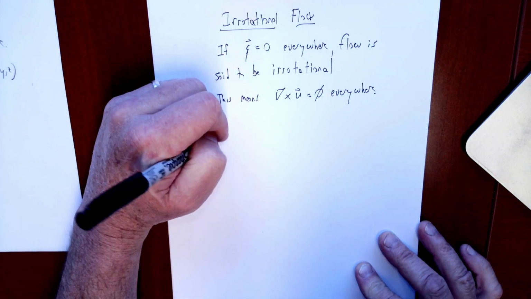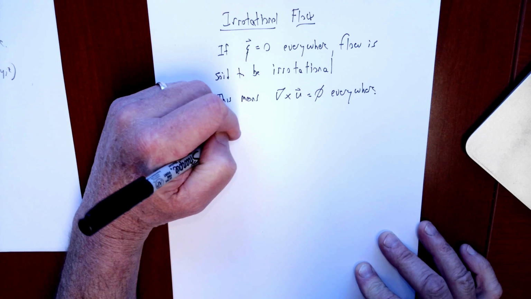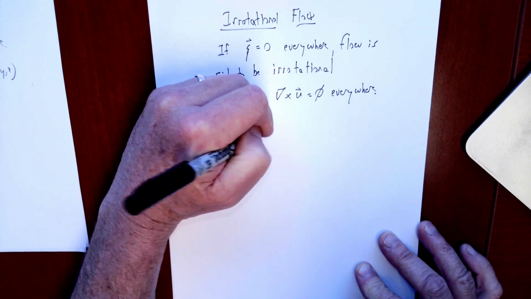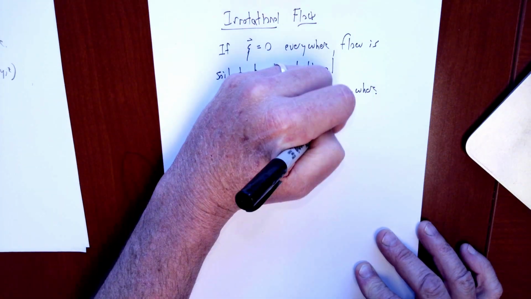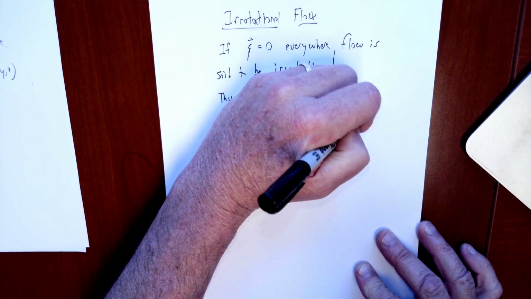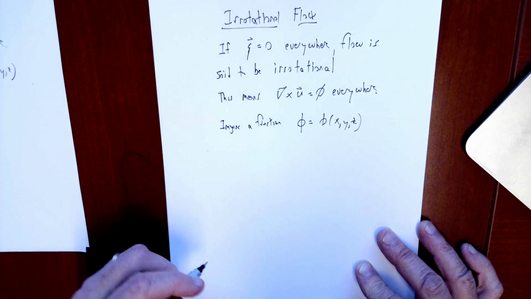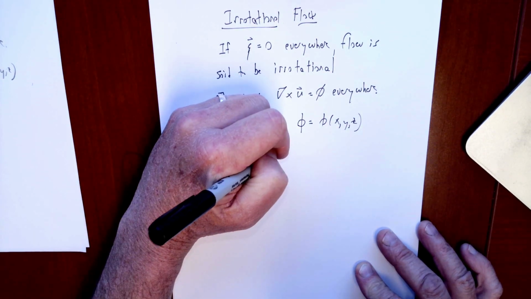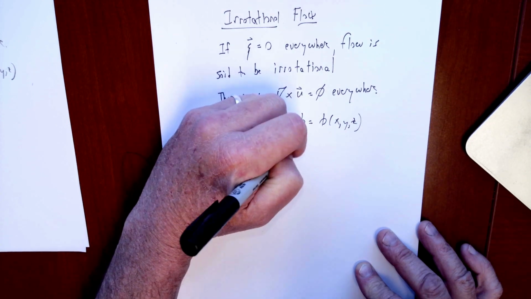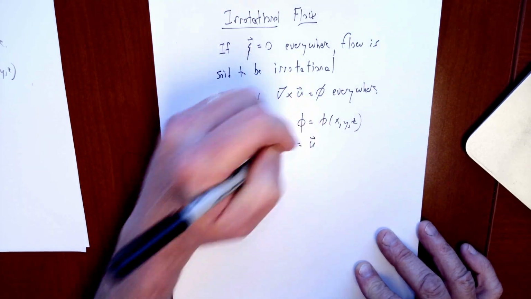So imagine a function which we're going to call phi, and almost everybody calls it phi. And phi is a function of x, y, and z. And phi is a function such that when you take the gradient of phi, you get the velocity vector.